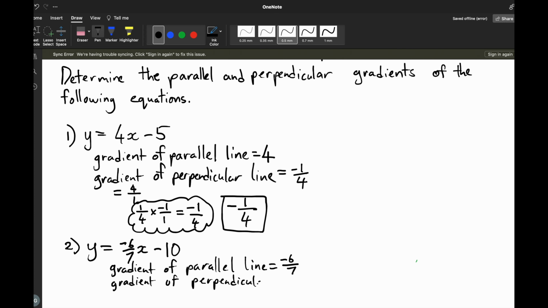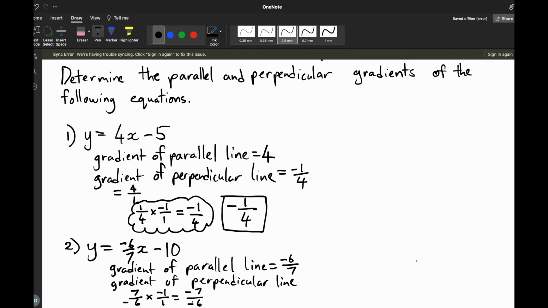Okay, so perpendicular line now. What I have to do now is flip this gradient, because we have to find the reciprocal of it. So I could basically say 7 over minus 6, however you want to look at it, and then multiply that by negative 1 over 1. Essentially that's 7 times negative 1, which is negative 7, over negative 6 times 1, which is negative 6.